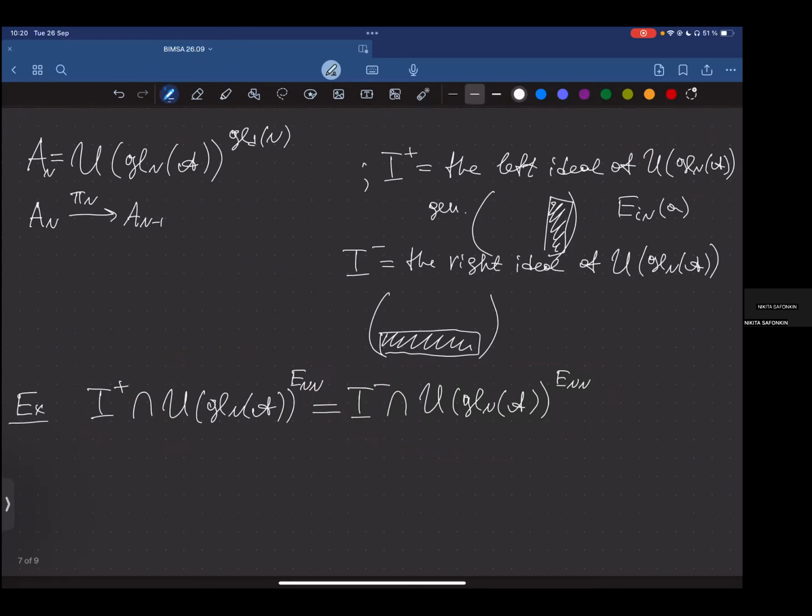So these two, I will denote by L_n, and this L_n is a two-sided ideal.